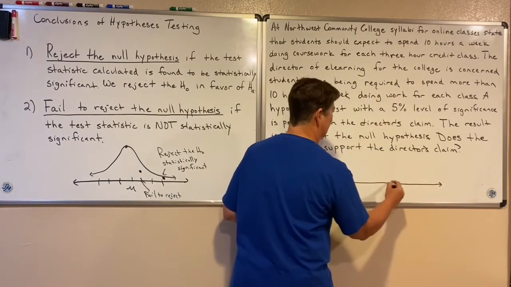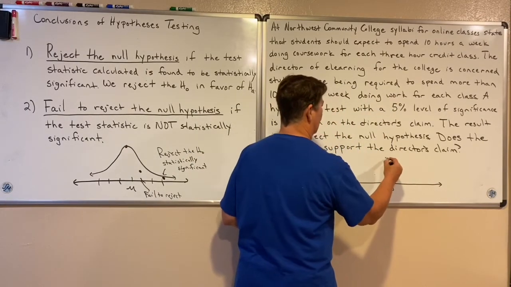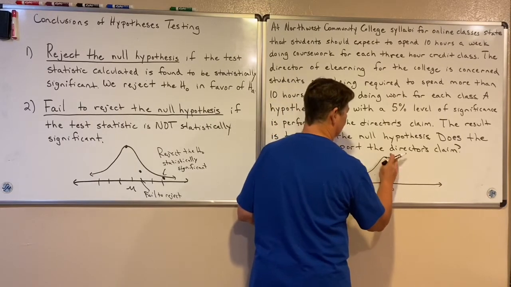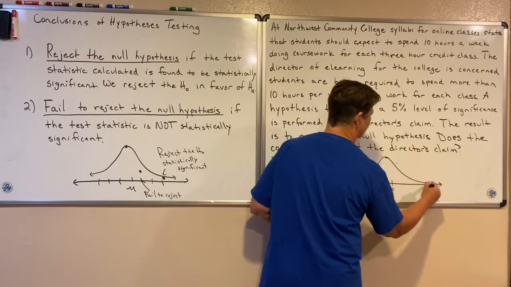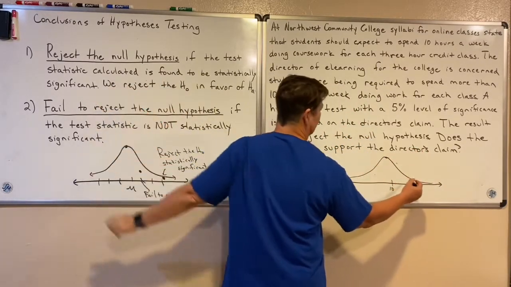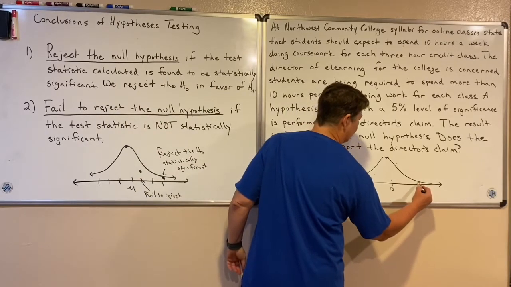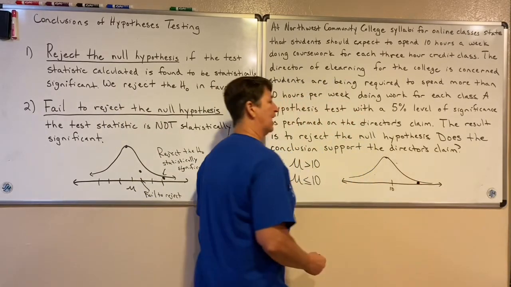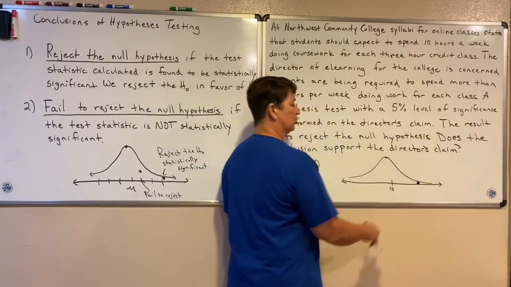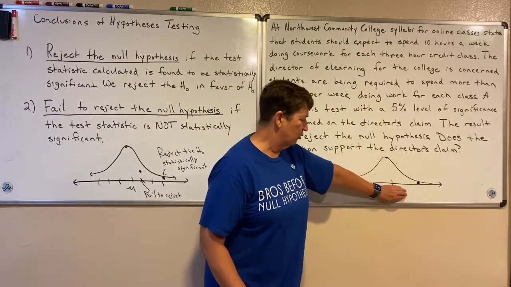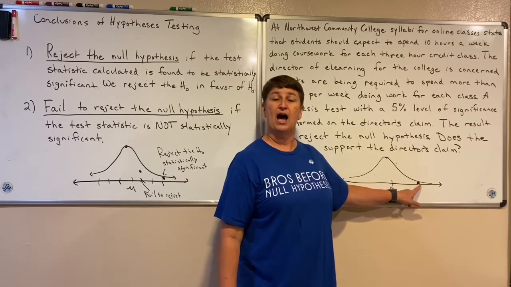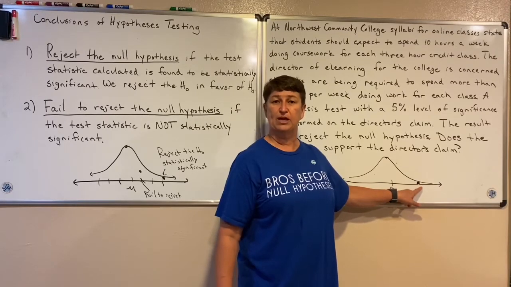So let's look and see what's happening here. My mean is here at 10. And if I reject the null, that means that I got it statistically significant. It was far enough out here that I'm going to reject that null. And sure enough, if I reject this null, it means that there is enough evidence to show that the director's claim may be correct.